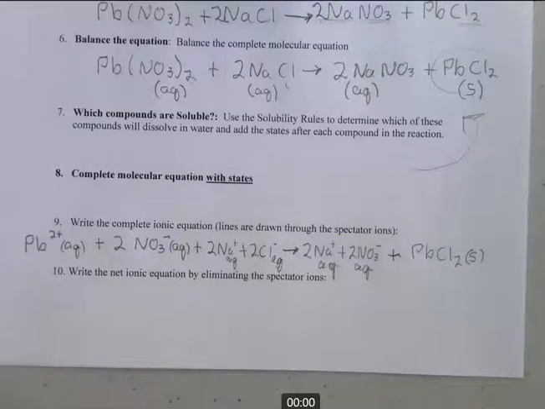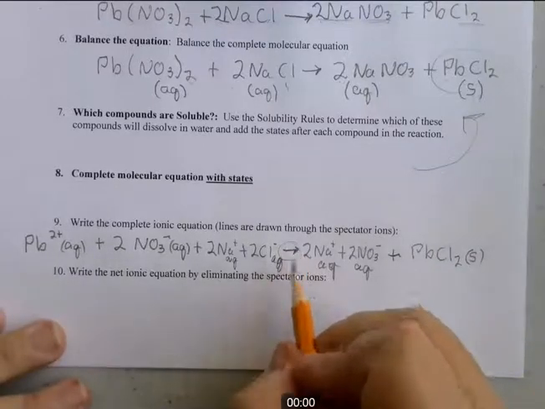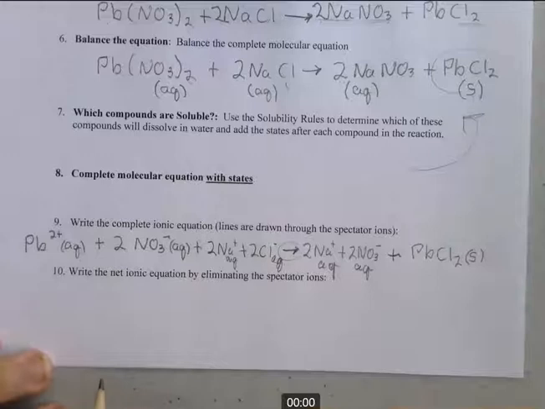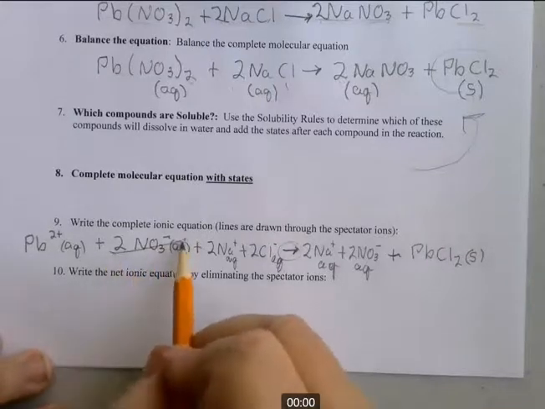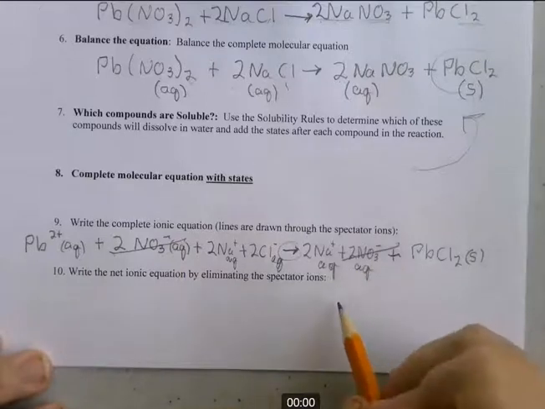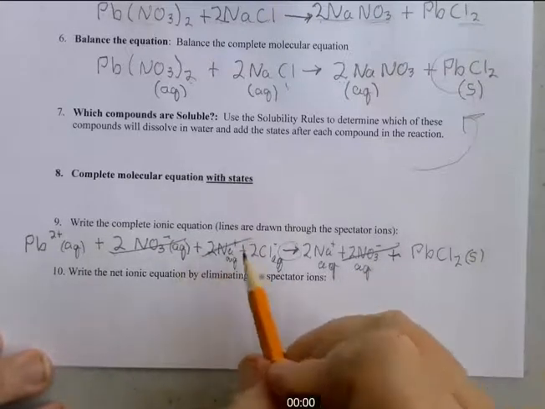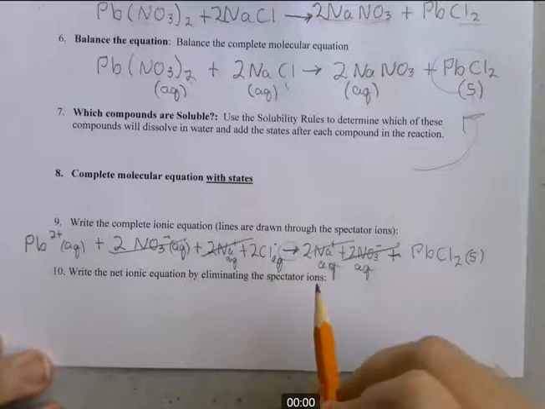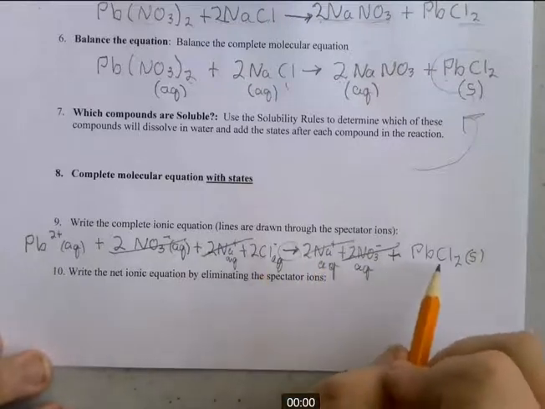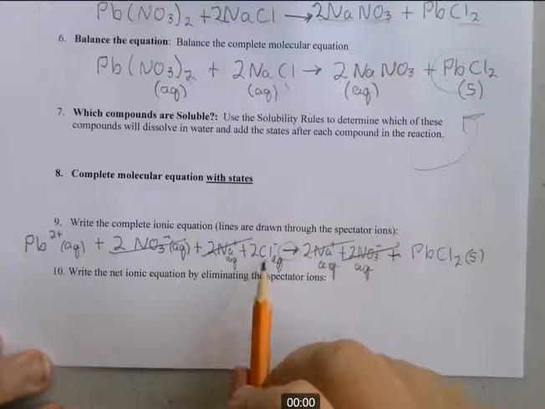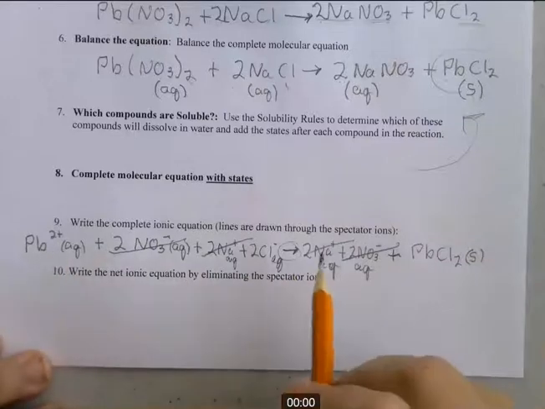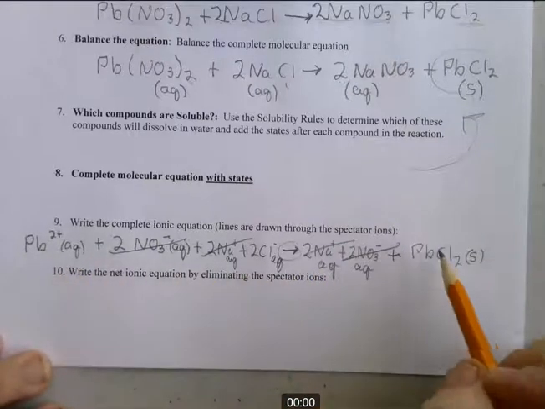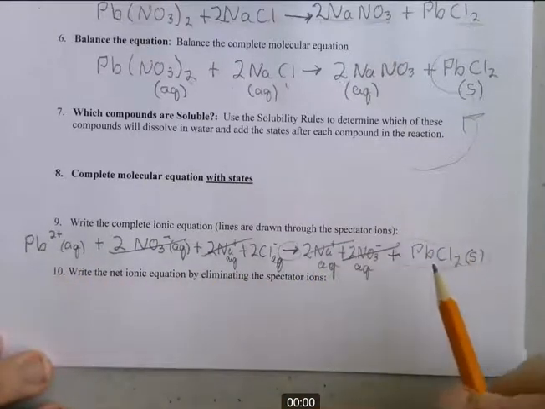Okay? So now the last thing you do is you go through and you look for, here's your arrow right here. So you look for things that are the same on both sides of the arrow. So 2 NO3 cancels with 2 NO3. 2 Na cancels with 2 Na. You don't have 2 Cl on this side, so it's by itself. Pb2+ you only have on this side, and this precipitate you only have on that side.